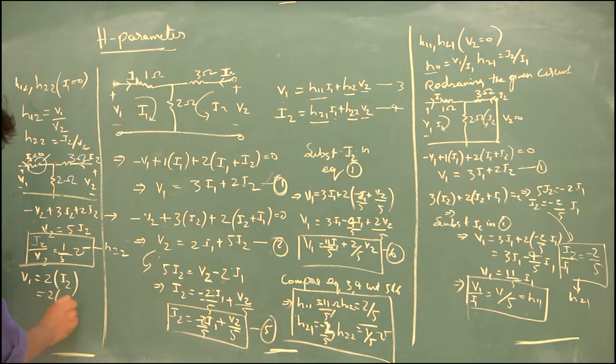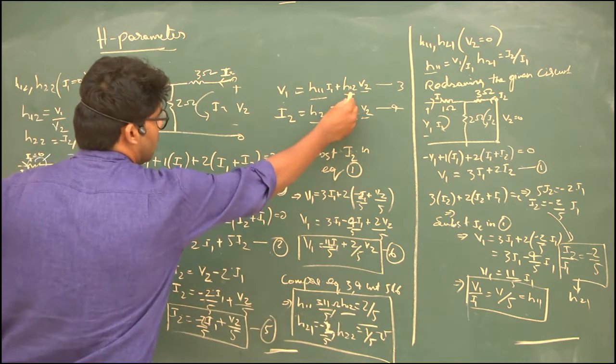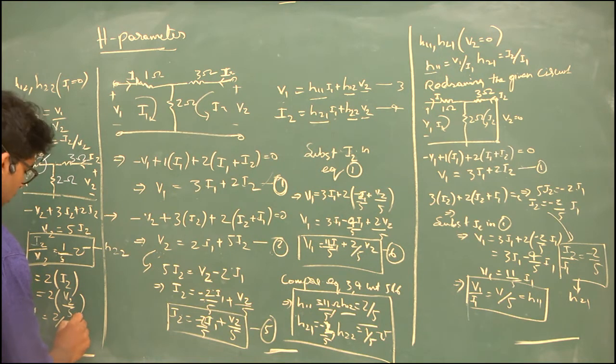Substitute that here. Therefore you will get V1 by V2 equal to 2 by 5. That is H12, V1 by V2, that is 2 by 5. That is the value we have.